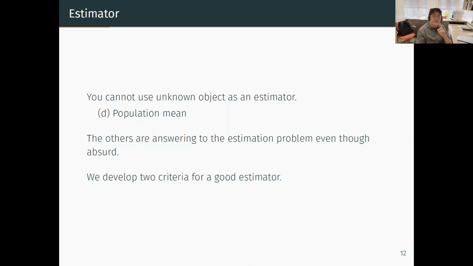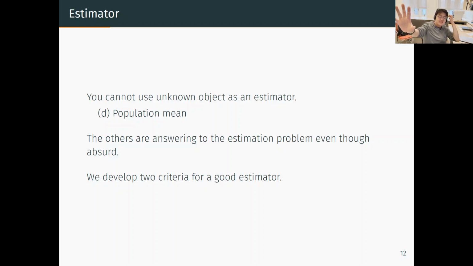So this is the first thing you have to think about when you do an estimation. First, I said the target must be something fixed, so that we can make a guess about it. And second, you have to find something that is available to you to make a guess about it.